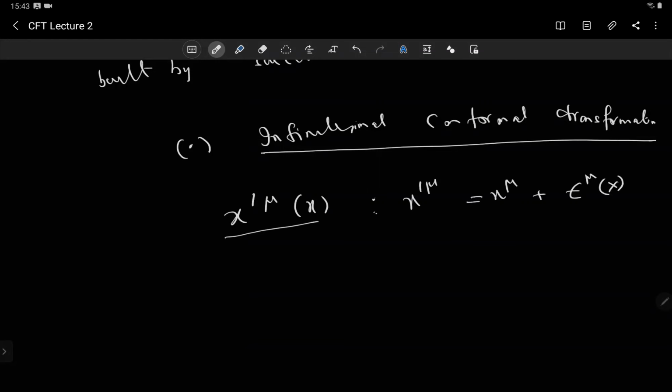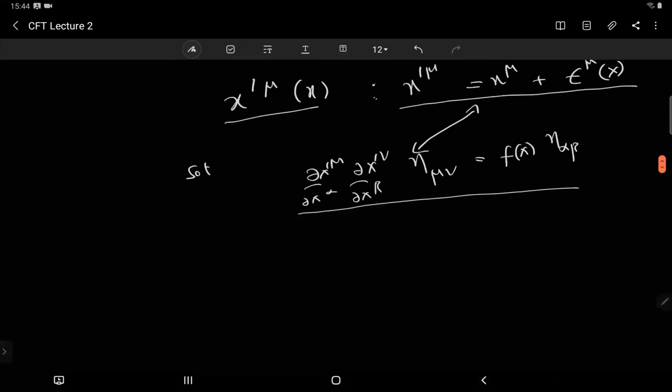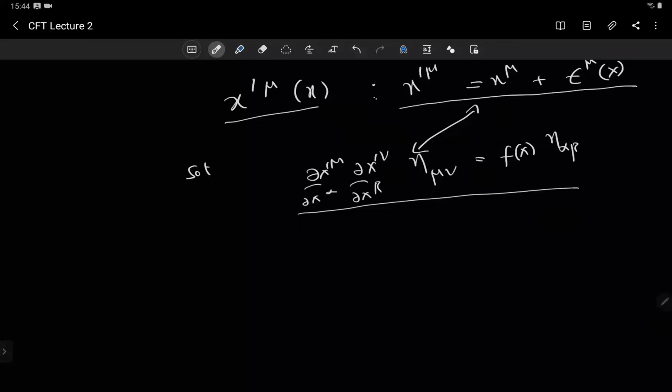Now we will look for these transformations such that the fundamental equation that we had, del x prime mu over del x alpha times del x prime nu over del x beta times eta mu nu, should be some function f of x times eta alpha beta. So we want to use this equation and see what we get. And this is infinitesimal, so when we solve this equation, we will ignore all epsilon squared terms. Only linear order in epsilon we will keep.